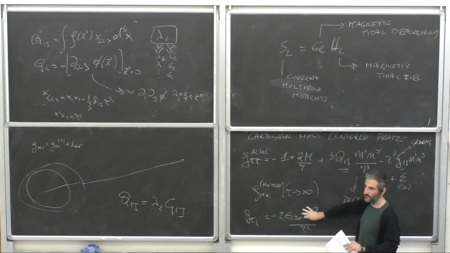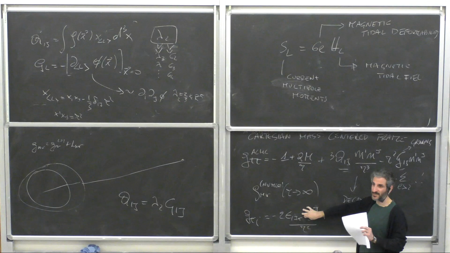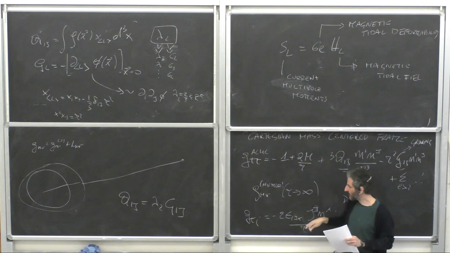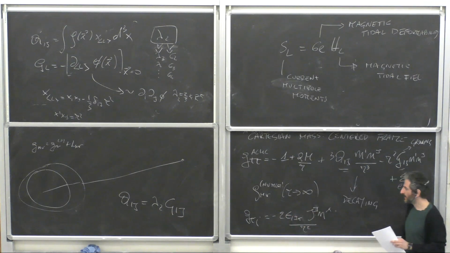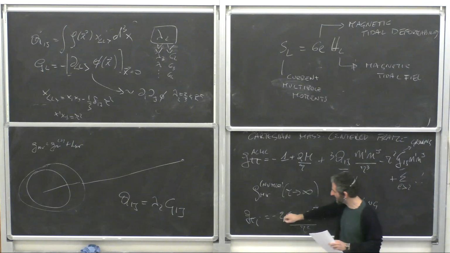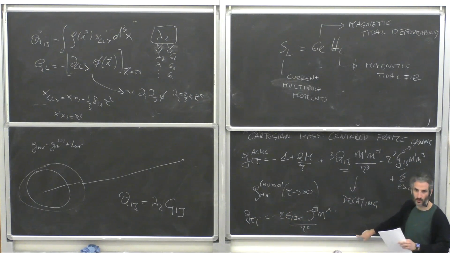So for us, this will be 0 because we are considering a static background, which is not rotating. But if you wanted to compute the perturbation of a rotating star, you also have to compute all the matching, including this term here.